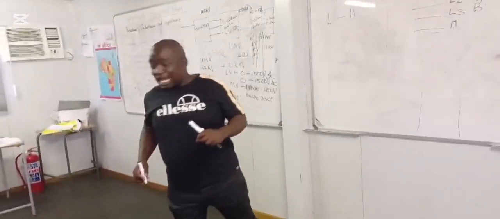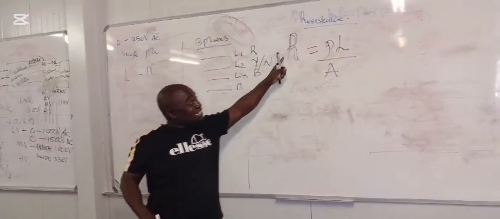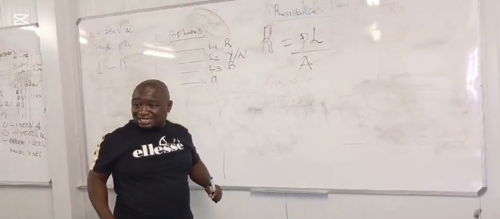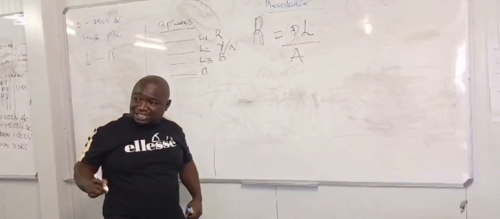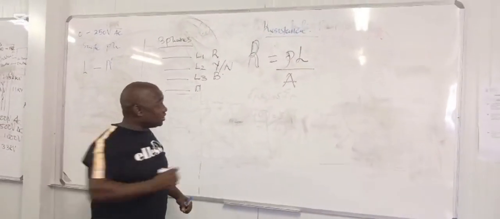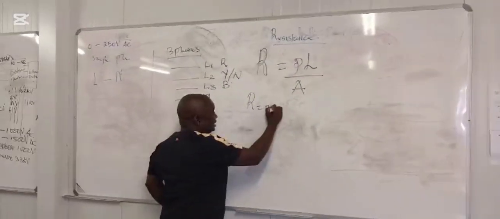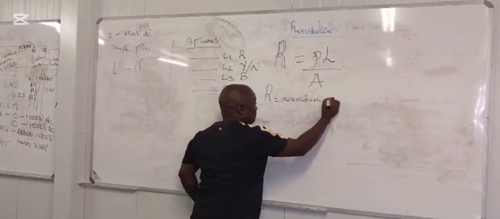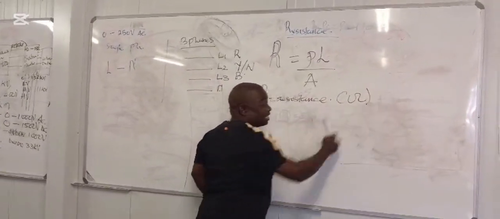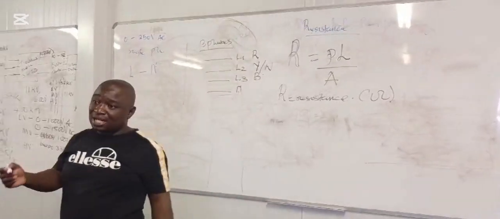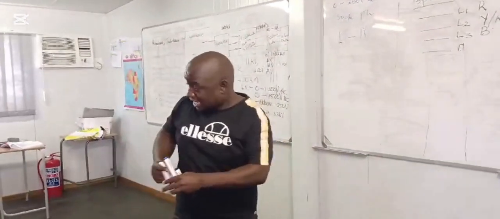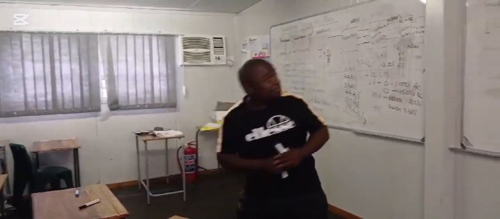Now what does it mean? The letter R denotes the resistance of the conducting material, and our resistance is measured in ohms.